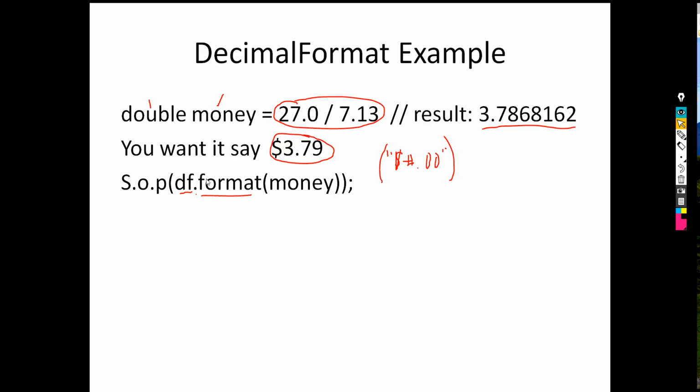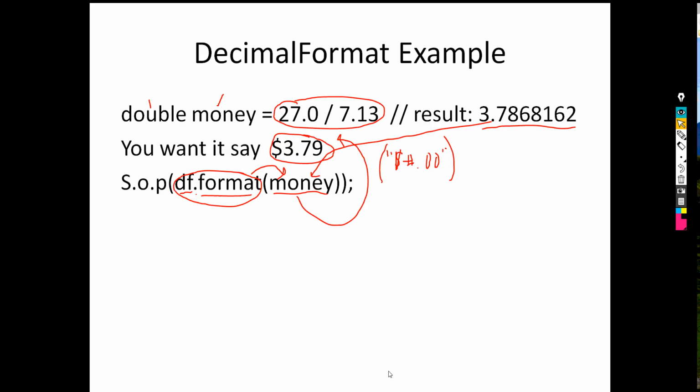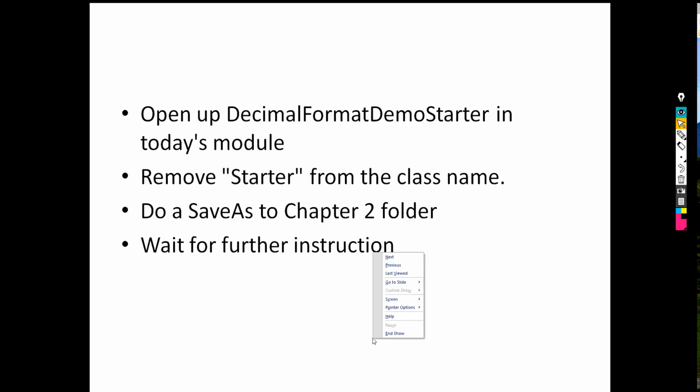That's what you'll be using all the time. And then inside here is the variable that has the long hairy decimal. So it's going to apply this format to this decimal and make it look like that.